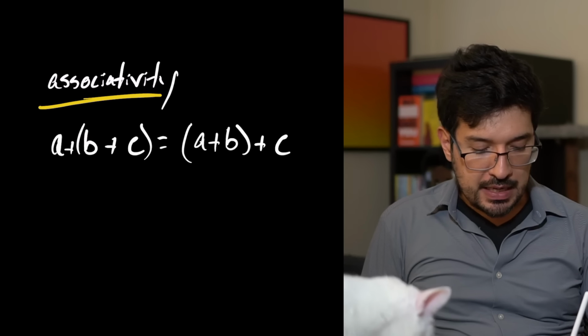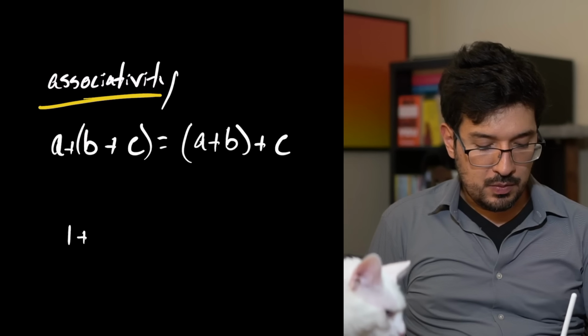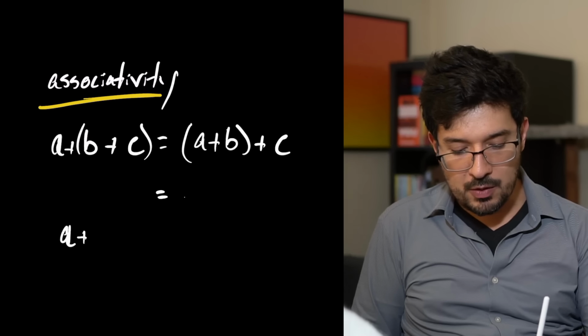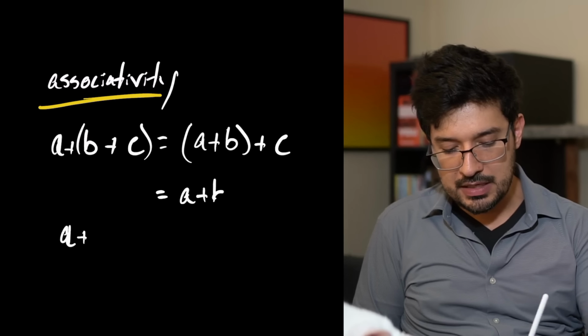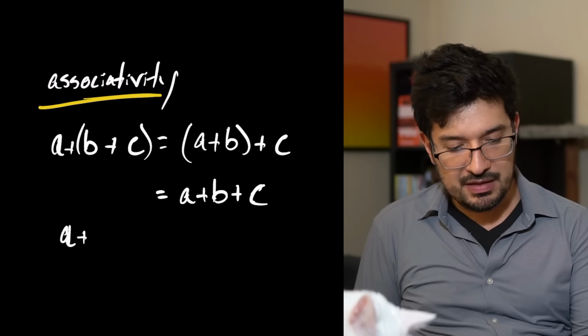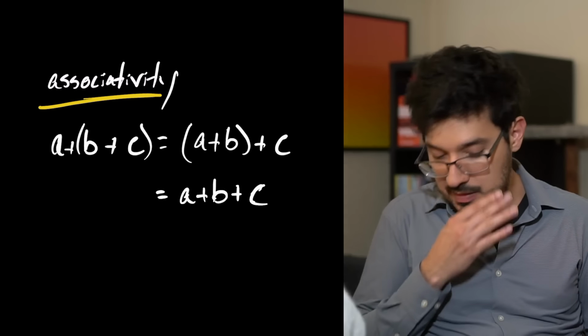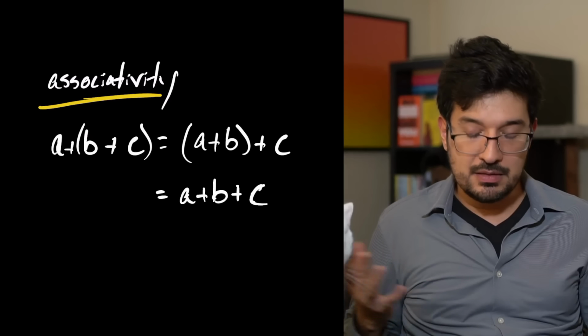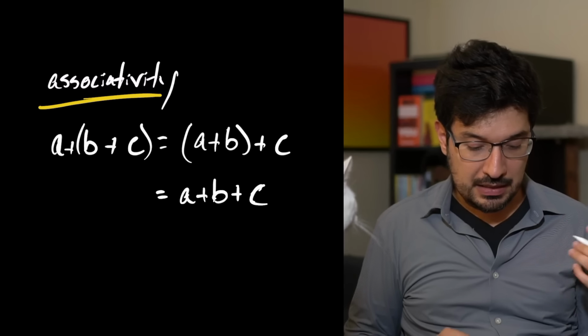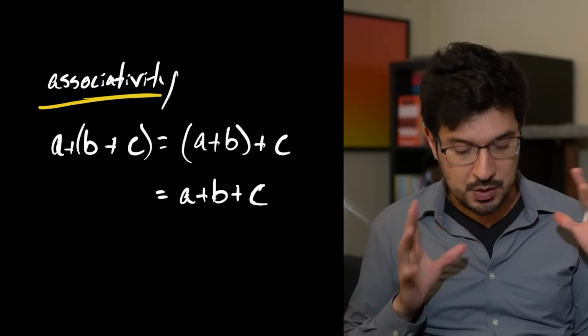In addition, we don't actually need parentheses, though. If we are only working with addition, we can have A plus B plus C, and you don't need to write parentheses everywhere because of this associative property.